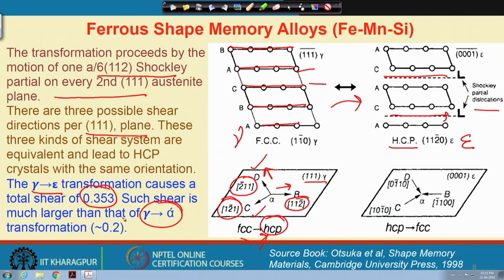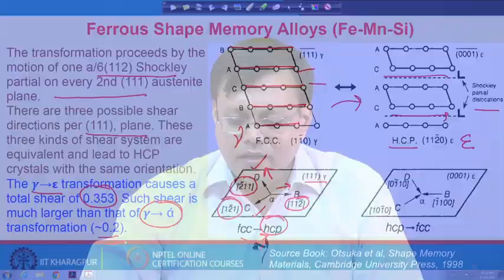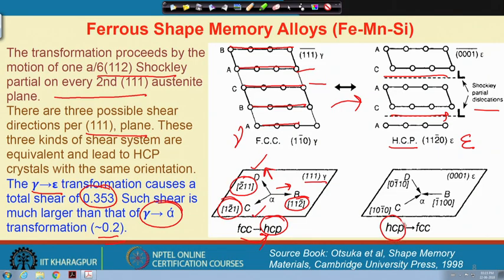You know about alpha dash martensite, where the transformation strain is only 0.2. So, quite a large amount of transformational strain is involved, whereas to get back the recovery of the strain given to the sample, this HCP, the martensitic phase, should transform into FCC austenite.